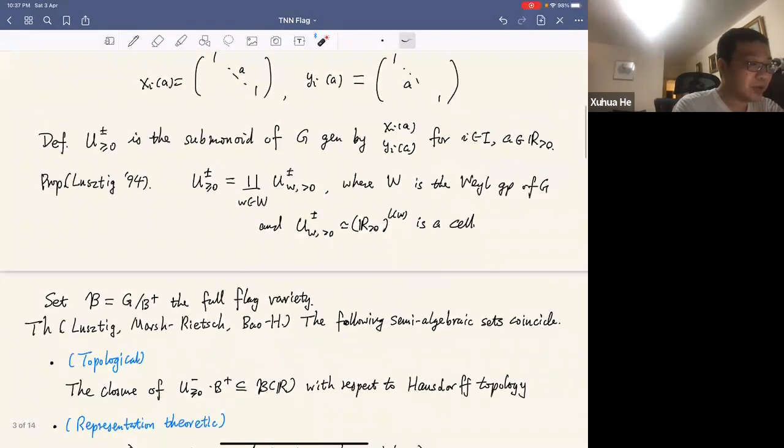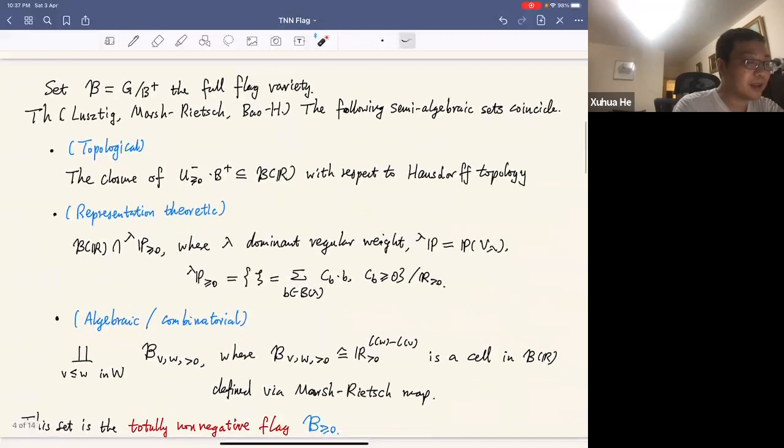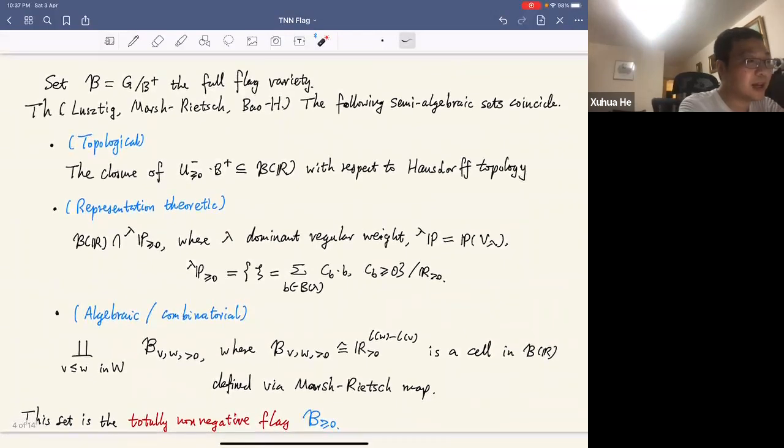Okay, so how do you define the totally non-negative flag varieties? Well, one thing I would like to point out is that we have to be a bit careful when we talk about the flag varieties for the Kac-Moody group.